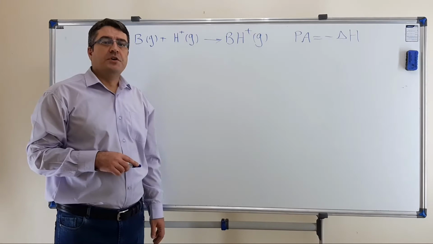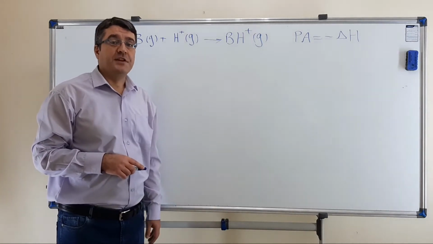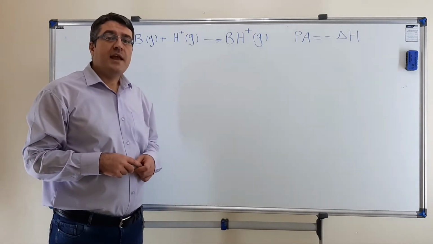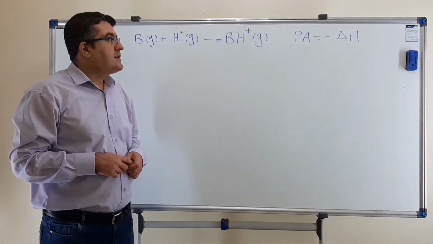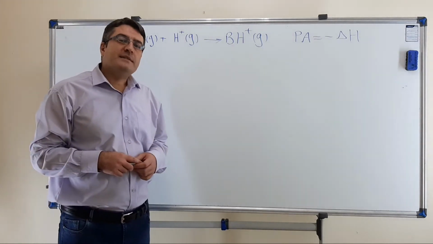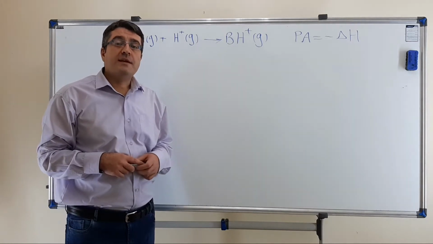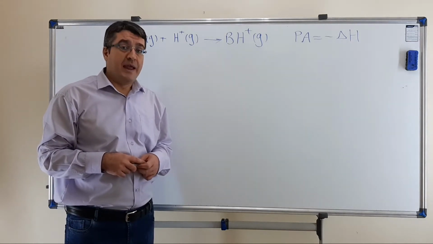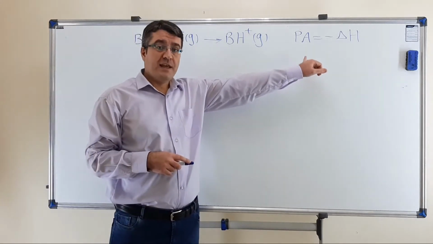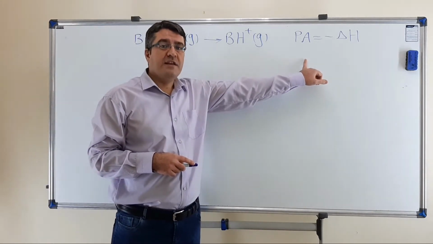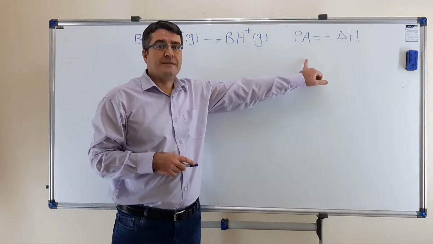While it is common to consider proton affinity as a quantitative measure of Bronsted basicity, since all Bronsted bases can also be considered as Lewis bases, we can also consider proton affinity as a quantitative measure of Lewis basicity.